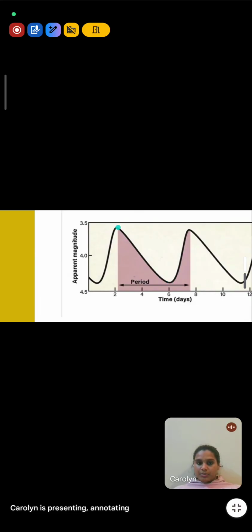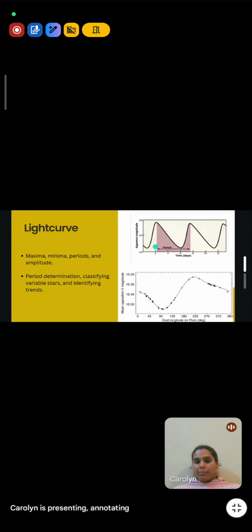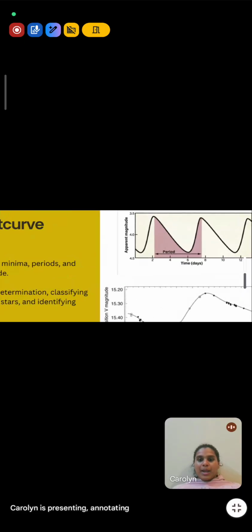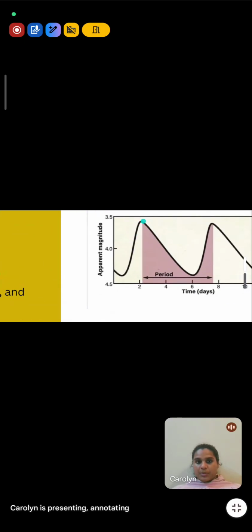Period is when traveling from one maxima to another maxima, or from one minima to another minima. And what is the other one? Amplitude. Amplitude is this height up to what your maxima goes. That is your amplitude. So maxima is also called a brightness peak, up to what peak your brightness will go.